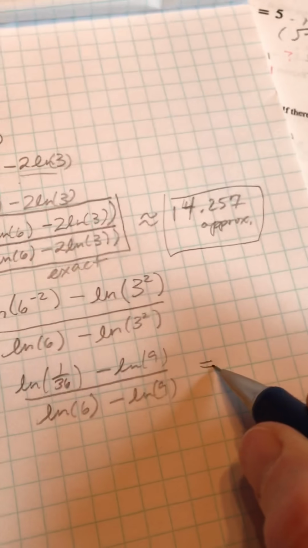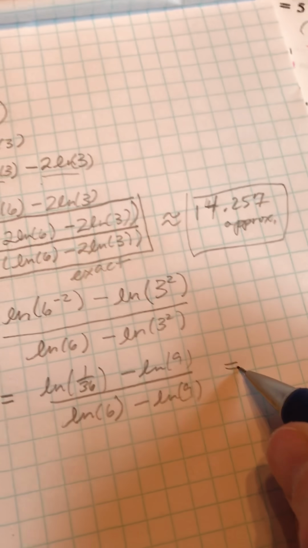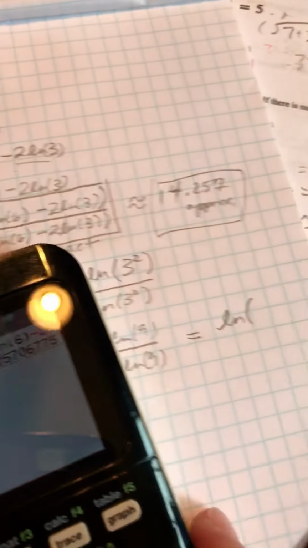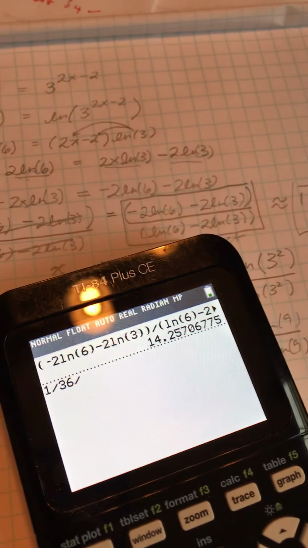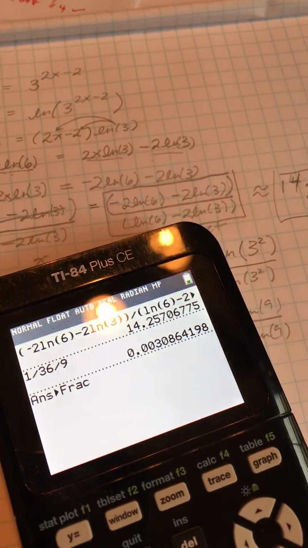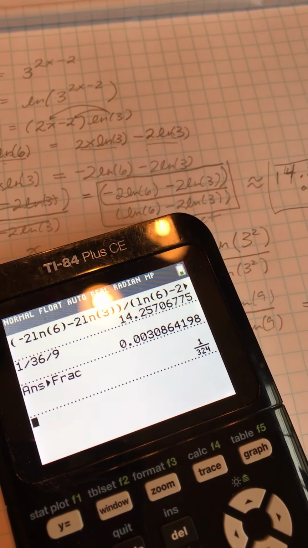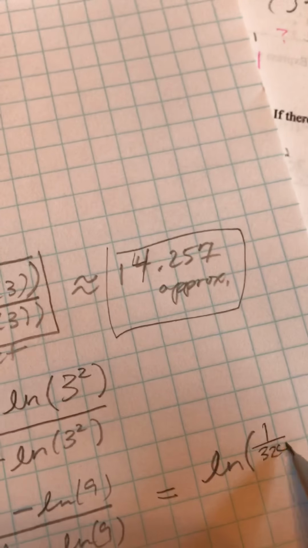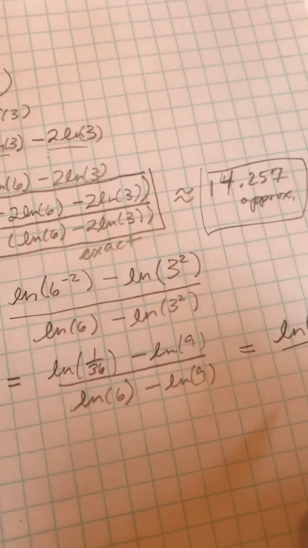So a nicer form for the answer in exact form is ln of 1 over 36 over 9. 1 over 36 divided by 9 is actually 1 over, let me change that to a fraction, 324. Because basically the 9 just gets multiplied by the 36. 1 over 324 over ln of 6 over 9.